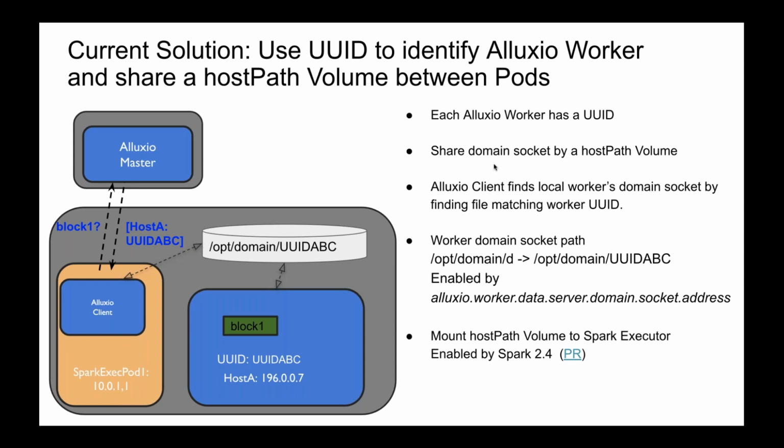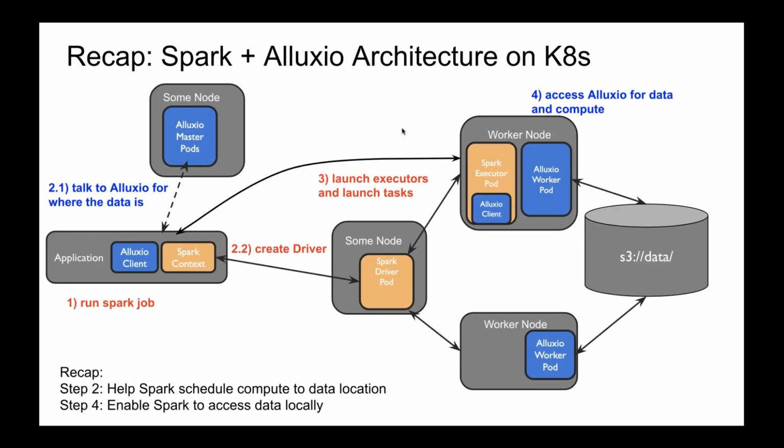However, before I wrap up this office hour discussion, I want to briefly talk about the recap of the Spark Alluxio architecture, the new architecture on Kubernetes. If you compare it with the previous architecture Bing has shown you, all the steps are kind of identical, because we made those changes and resolved those challenges, so the architecture stays the same, basically easy for you to understand.